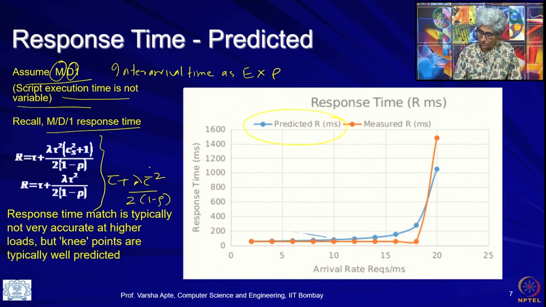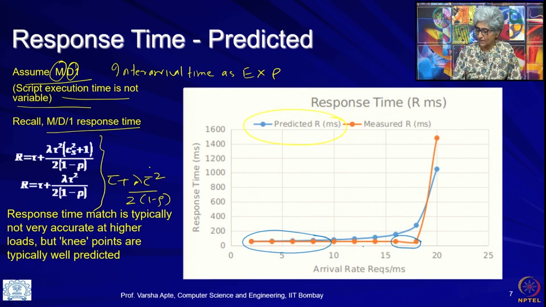Okay. So, the lower values are okay, just as the load increases, the measured R has a strange behavior. It's almost as if it goes down a little over here and then it shoots up sharply.